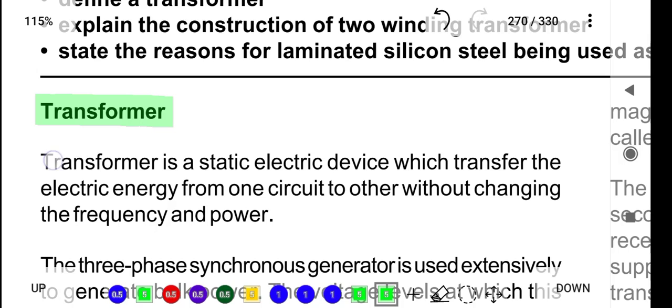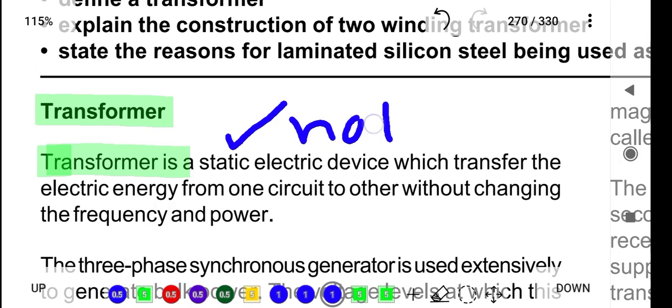Up to "transformer is a" there is no doubt. Transformer is a static device. What is the meaning of static? Static means not moving. So the transformer is not moving, it is not rotating.